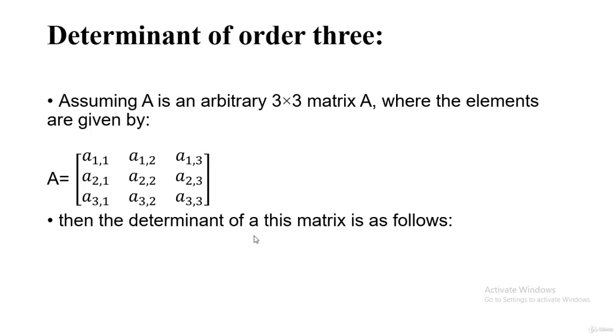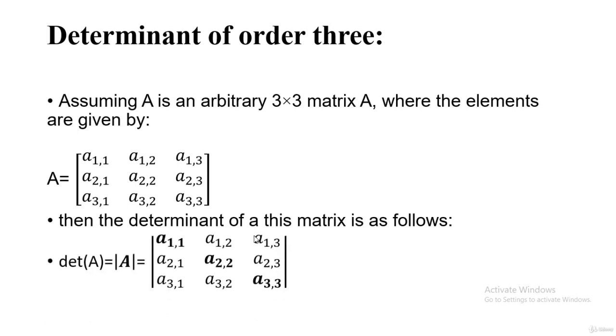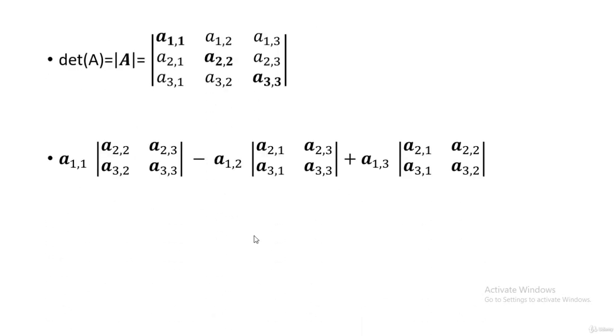Okay, it's a 3 by 3 matrix right now. How it's done, let's see. Now the determinant of it, this is the basic symbol that we used. Next step, I'll rewrite it again.